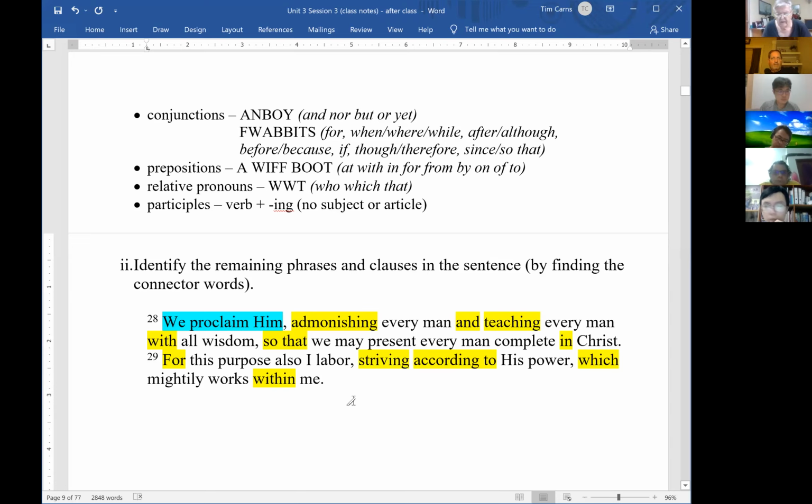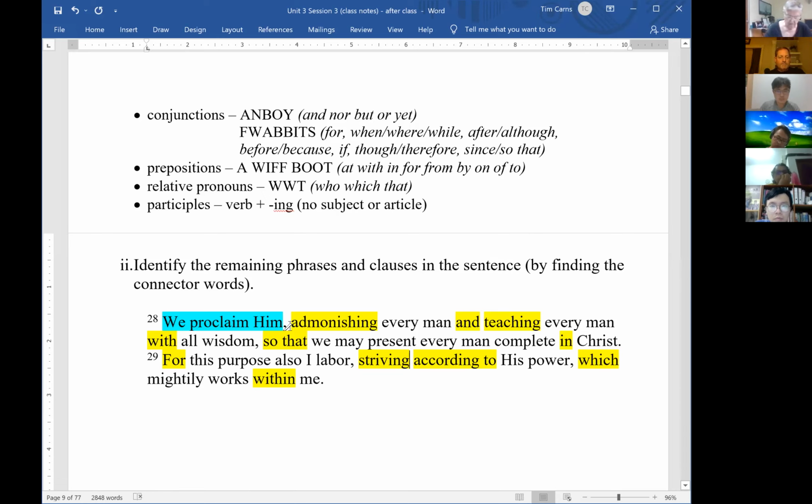Okay, I think that's all of them. Sometimes it just helps to go through a step at a time. So first look for the conjunctions, then prepositions, then relative pronouns, then participles. It might be easier to go step by step.